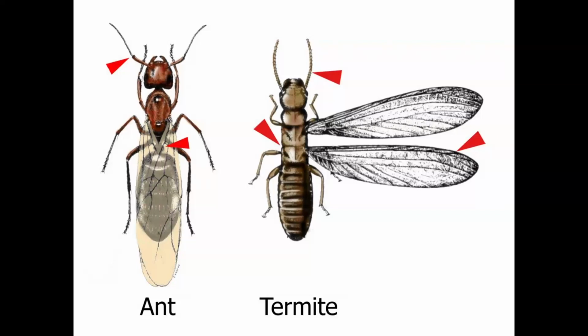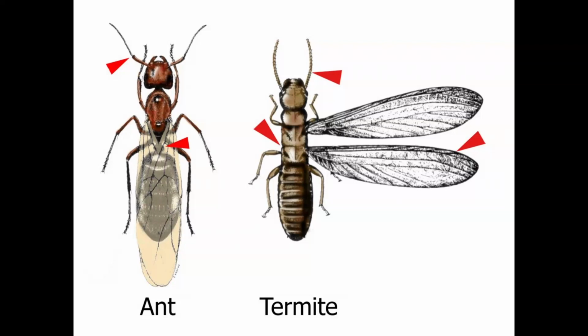So the base of that antenna is called a scape, and then they have the long branches coming off of that, and that causes that elbowed shape. With termite antennae, theirs just looks like a little tiny string of pearls or beads going off from their head. So their antennae are more straight, not elbowed.